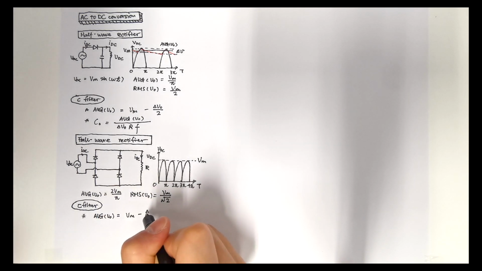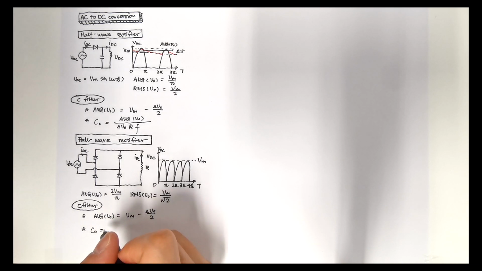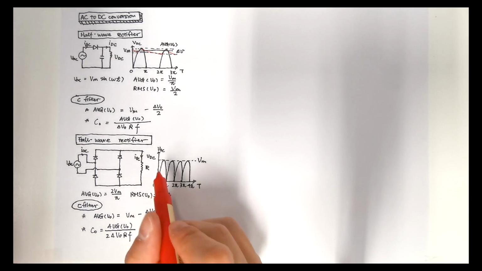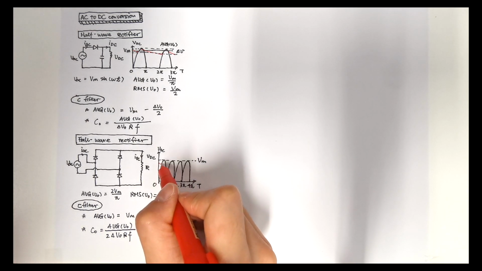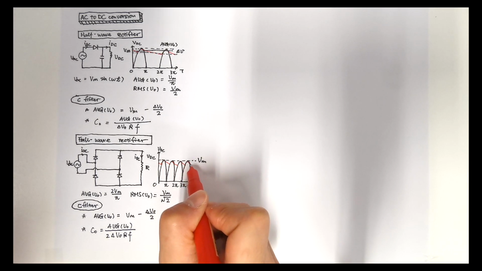After we apply the capacitor, our average output voltage is Vm minus delta Vout divided by 2, and our capacitance is also calculated by using our delta Vout value: average Vout divided by 2 delta Vout times R times F. After applying the capacitor, the waveform will look like this. When the capacitor is designed in good size, the output is maintained in good quality.